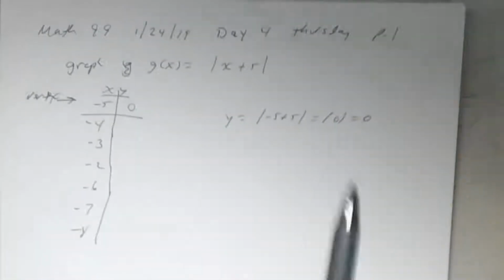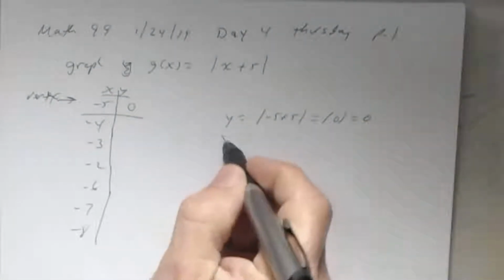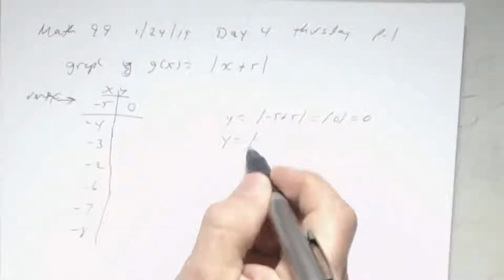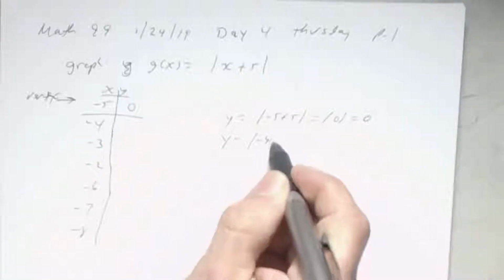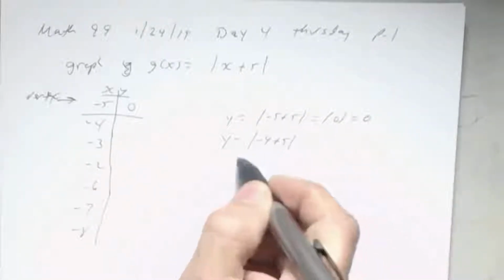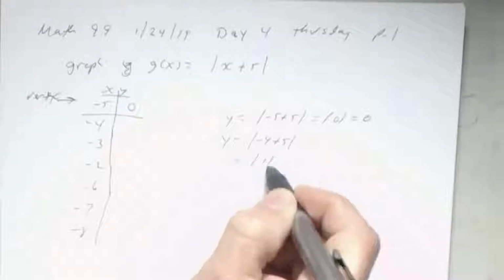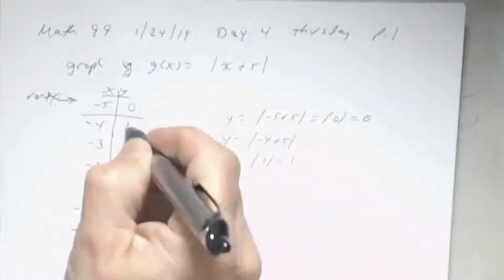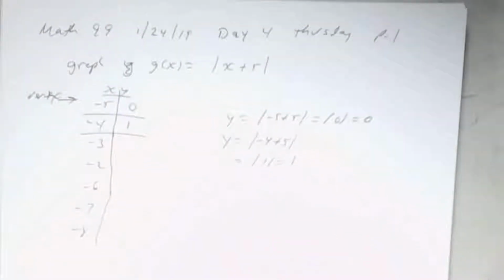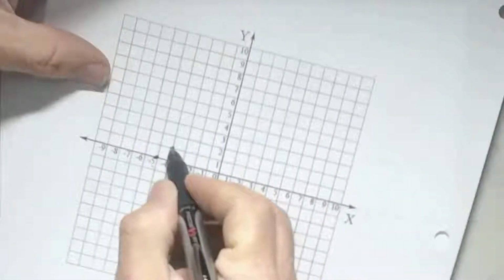And then it's just a matter of finding out what that y value is. So when x is -4, I get y equals the absolute value of -4 plus 5. What's -4 plus 5? What's the absolute value of 1? 1. So then I plot the point (-4, 1). (-4, 1) is here.